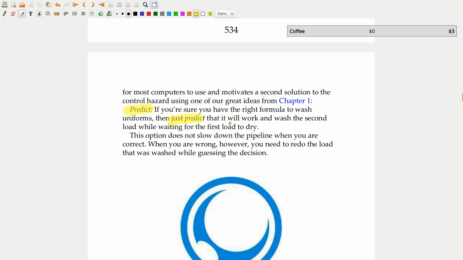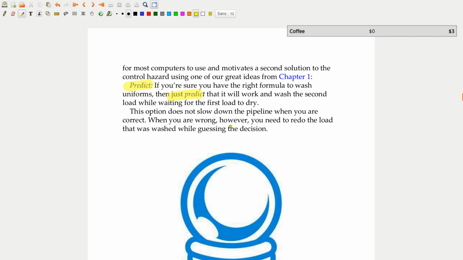So most of the time we can say we're going to take this branch or we are not going to take this branch, and we know to a fairly good degree of certainty that that's the correct answer. And so this option does not slow down the pipeline when you are correct. So when you are correct, there's no penalty. If you're not correct, well, you need to make sure that the penalty's not terribly big when you miss.